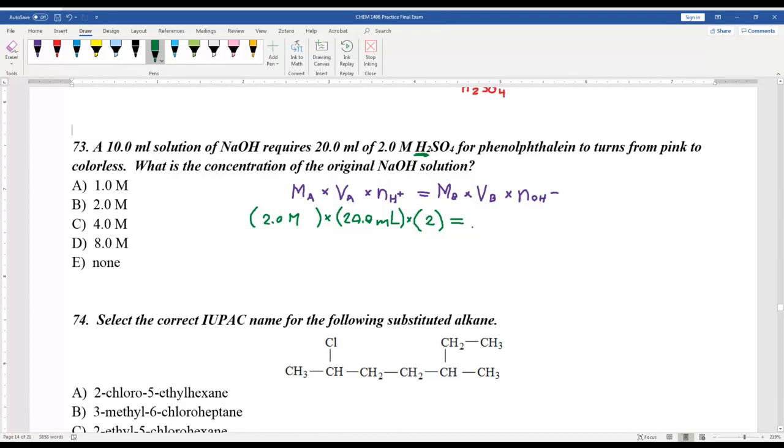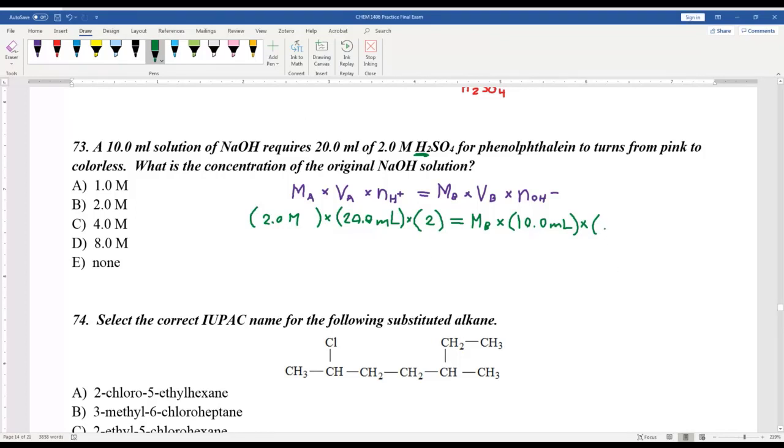All right, so now, what's the molarity of the base? Well, that's what we're looking for, right? And what's the volume of the base? Yep, 10 milliliters. And how many OH minuses are in the formula of sodium hydroxide? 1.